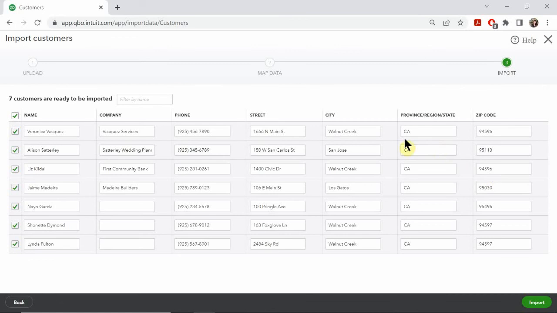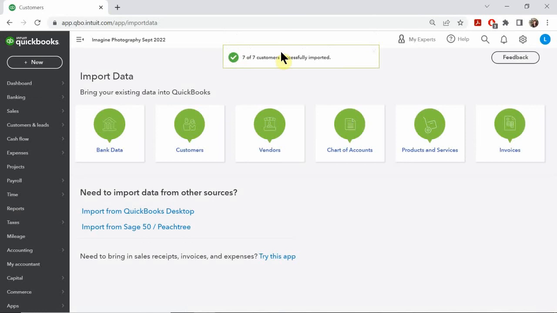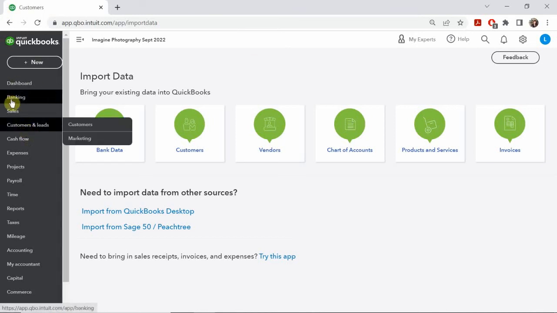Here it tells you that you have 7 customers that you are importing into QuickBooks. Making sure everything looks good, you've got addresses, phone numbers, and full names. Once everything looks good, I'm going to click Finish. Success, we've successfully transferred 7 customers out of 7 into our customers list.